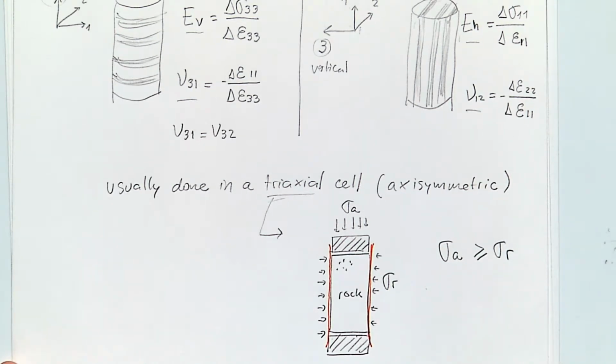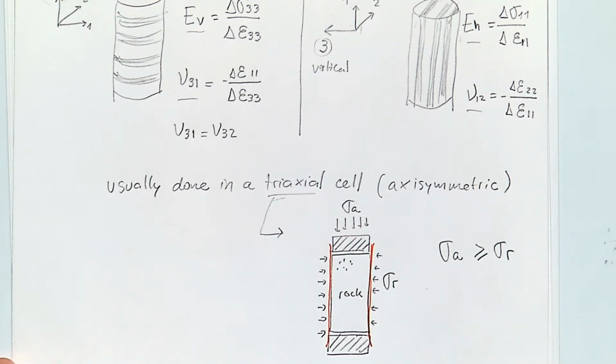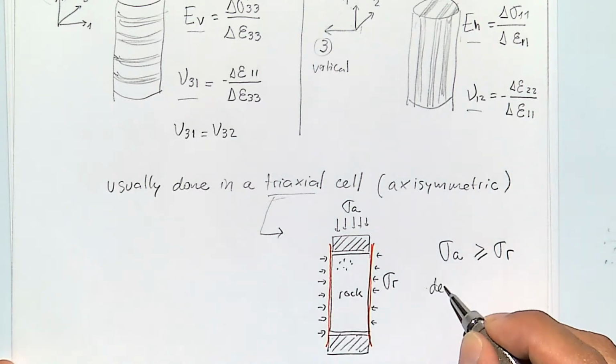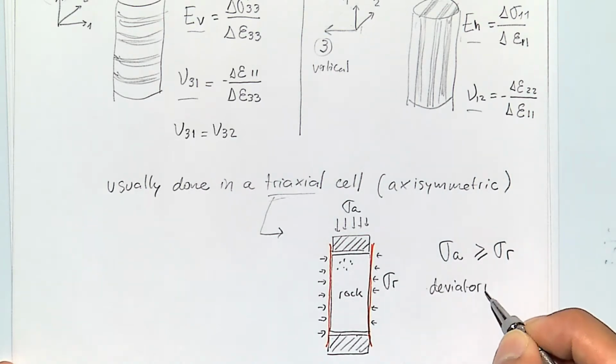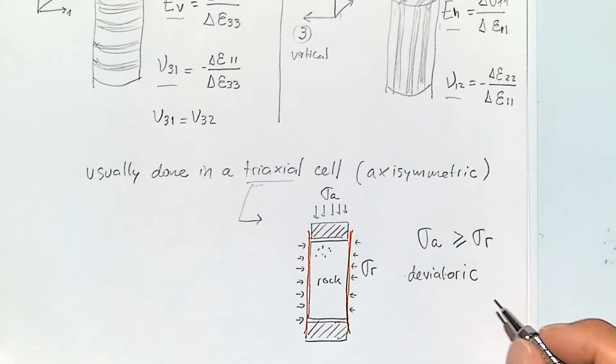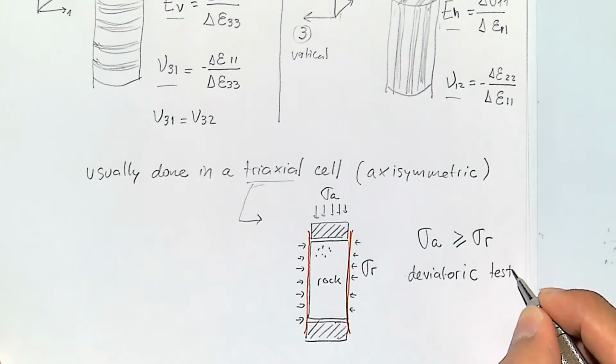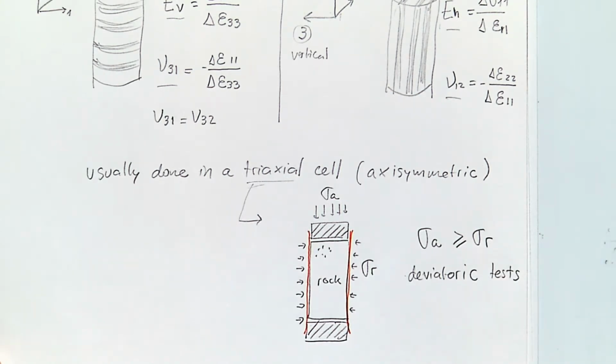And in a typical deviatoric test, like the ones that are used for doing the measurements that we were discussing above, this is done by making changes of the axial stress and keeping the radial stress constant.